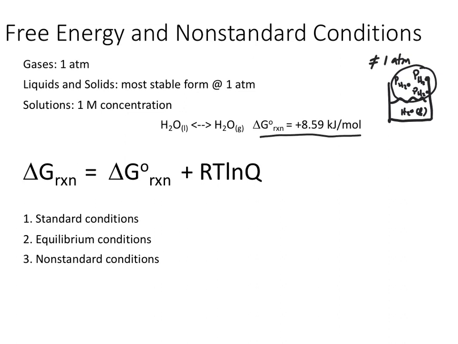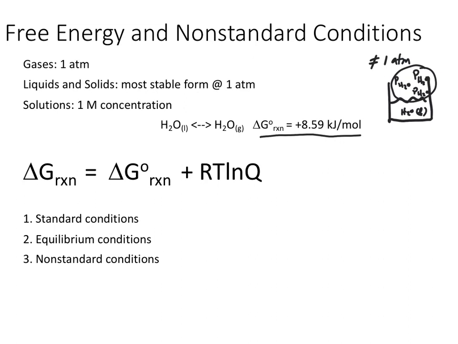So we're going to go ahead now and look at the correction to our delta G naught of reaction so that we can provide a free energy value that can apply at non-standard conditions. Basically, we have our delta G naught, which refers to our free energy at standard conditions, and then we have what I like to look at as a correction value.